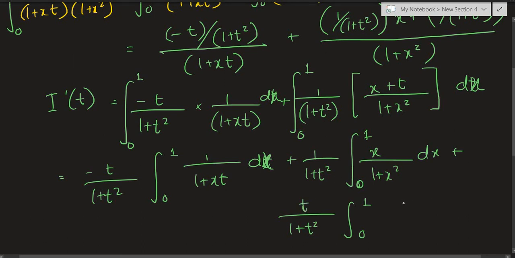So t outside, integral of 1 over 1 plus x squared dx.